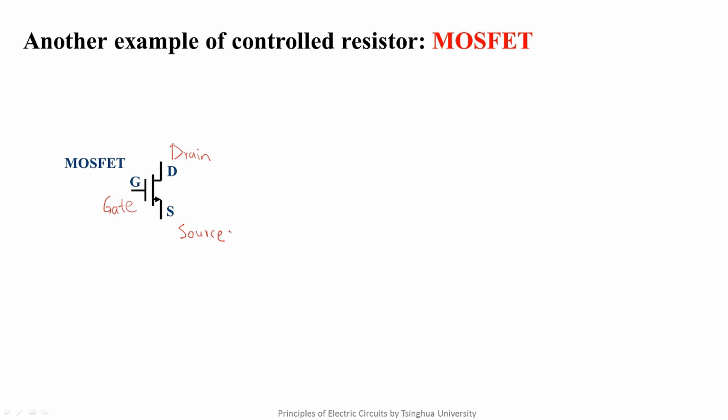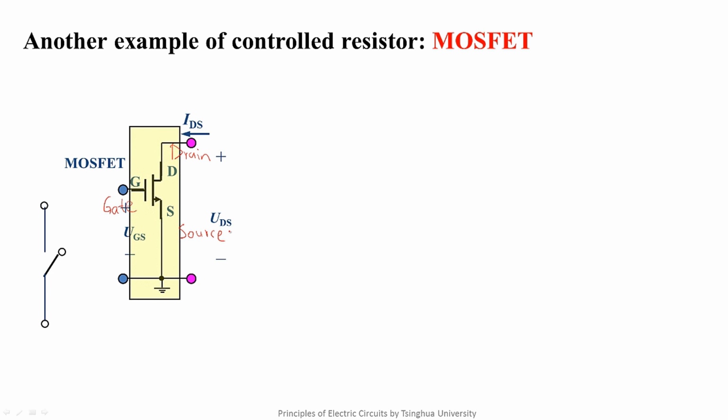Besides the switch discussed previously, this is the first three-terminal electrical component in the course. Of course, it's more complicated than the switch. We use a very simple circuit to simulate it. We show the appearance of the three-terminal element like this, as an analogy to the switch just now.